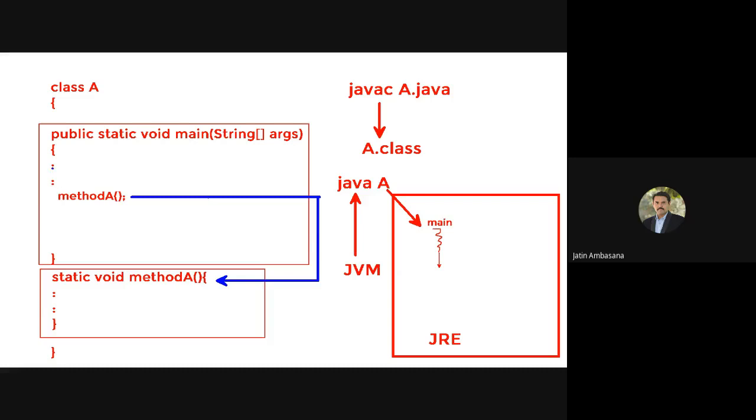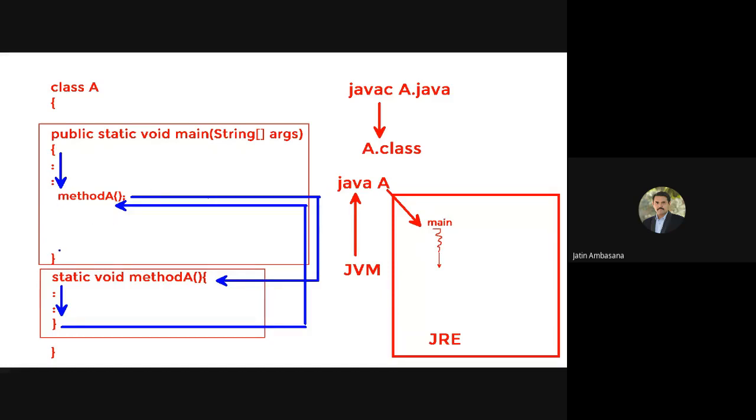Up to now the main method executes, then the control gets transferred to method A, then method A stops executing, and the control gets transferred back to the next location after the call, and then the rest of the main method executes.